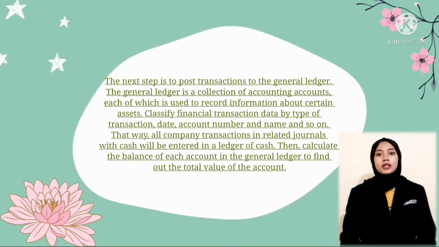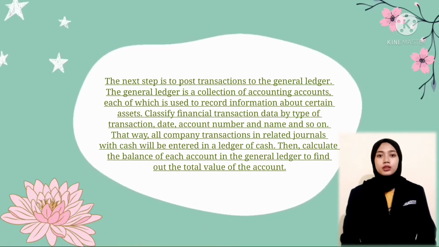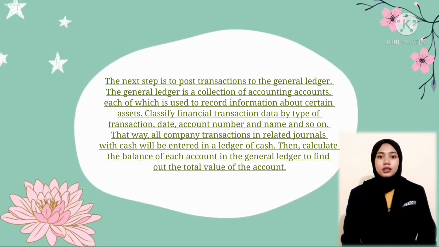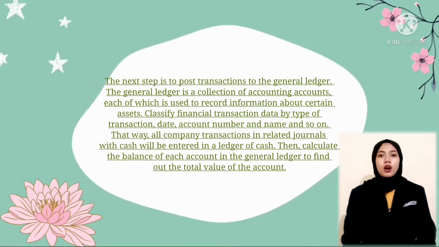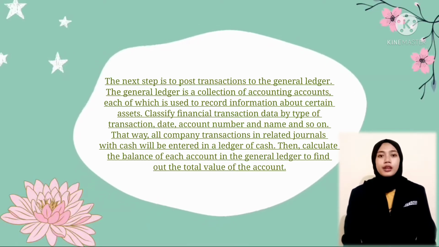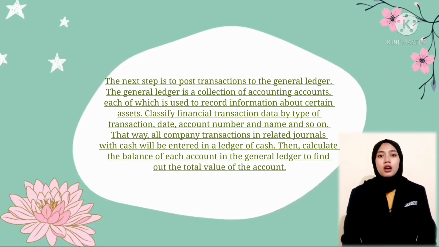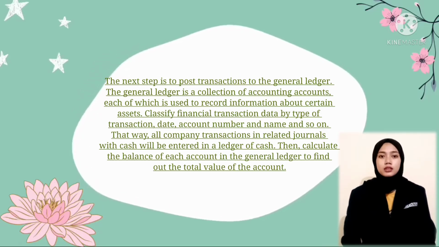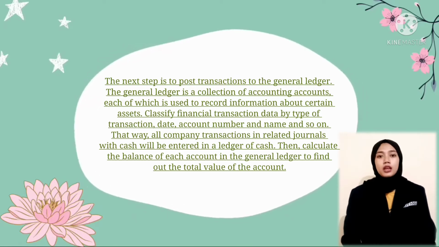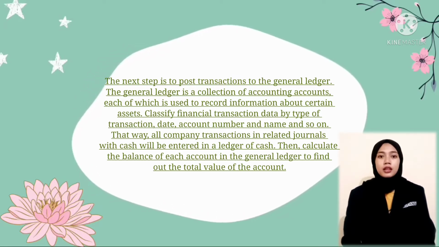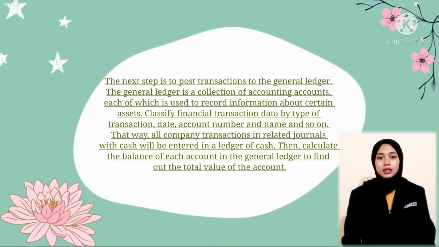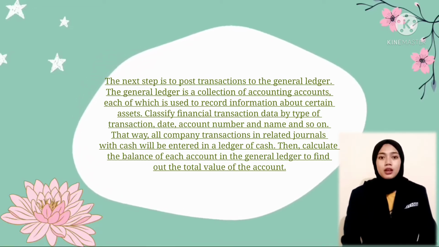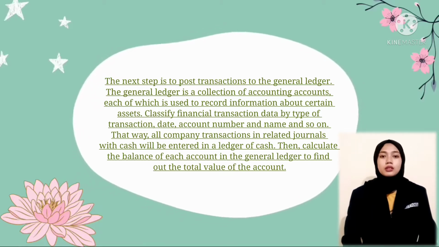The next step is to post transactions to the general ledger. The general ledger is a collection of accounting accounts, each of which is used to record information about certain assets. Classify financial transaction data by type of transaction, date, account number, and name, and so on.